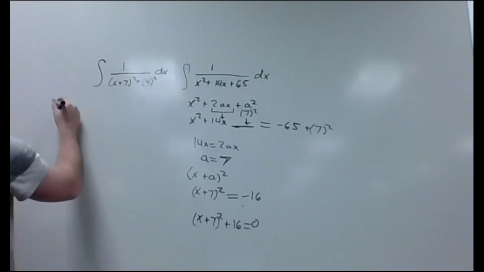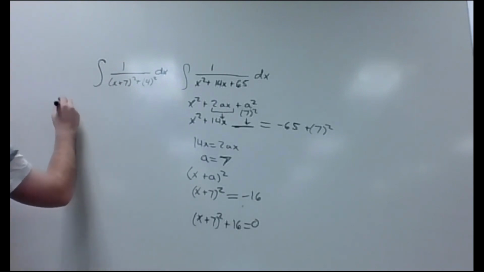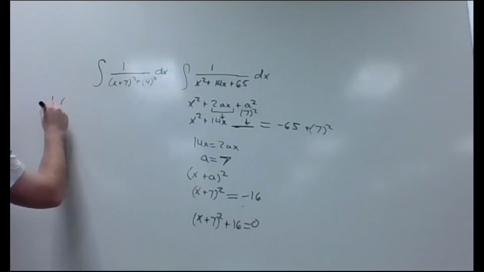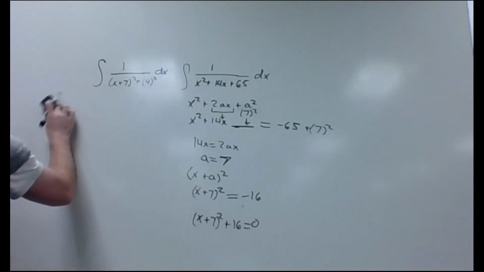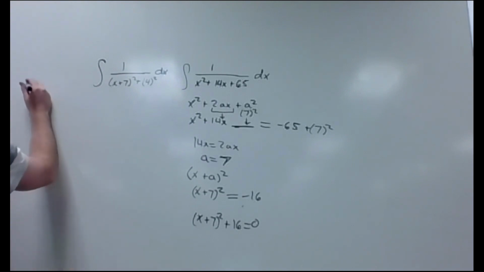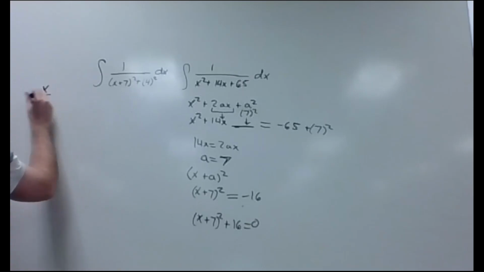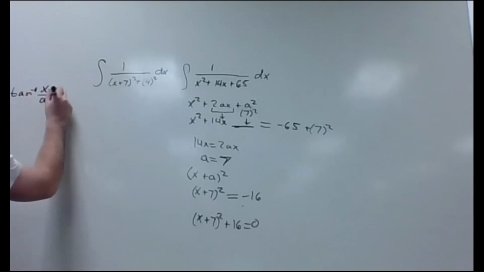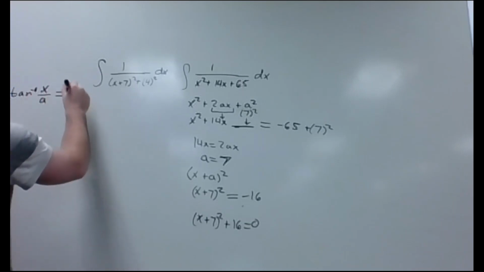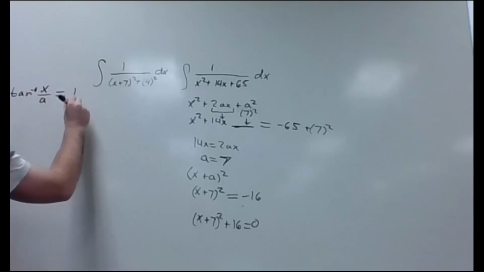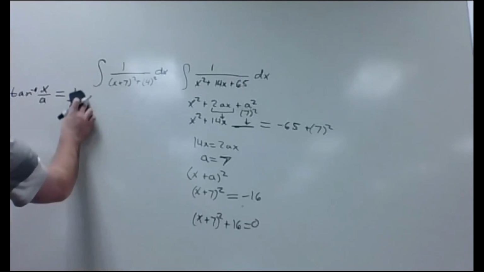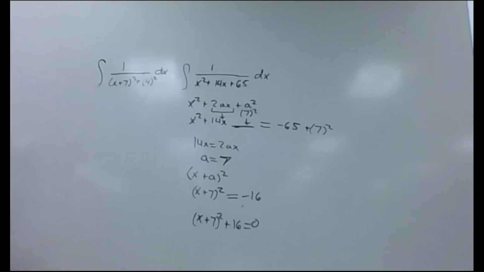The inverse tangent rule is 1 over a times the inverse tangent of x over a. Actually, I think I wrote that wrong, but I'm bad with rules.